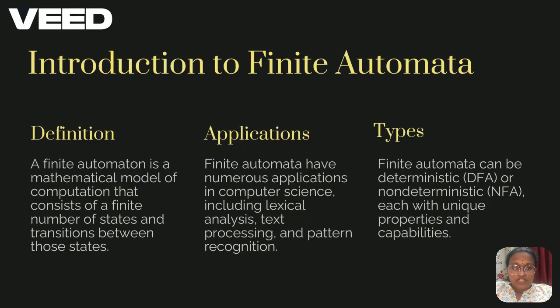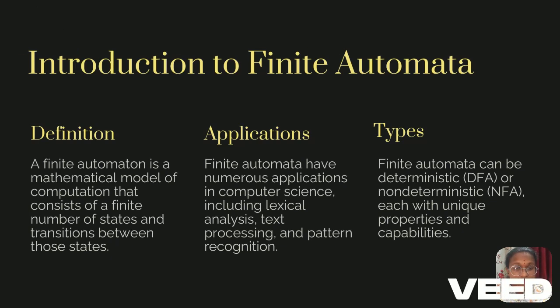So let's know the introduction to finite automata. The finite automata is defined as a mathematical model of computation that consists of a finite number of states and transitions between those states. It has numerous applications in computer science including lexical analysis, text processing, and pattern recognition.